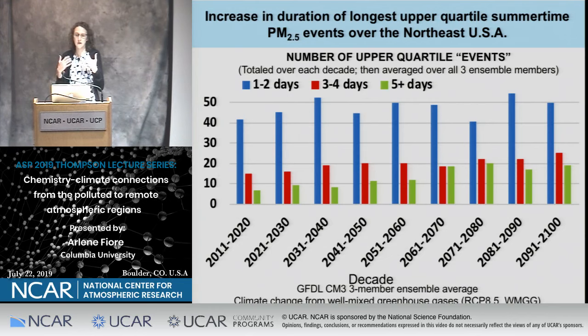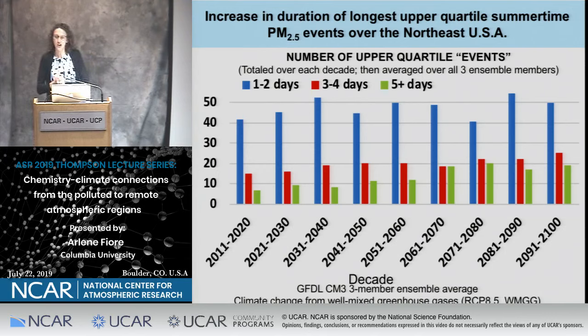Then we do this for each of the 3 ensemble members, and what's shown here is the average over all 3. What I found pretty interesting is that if you focus on the green bar, the longest events, there seems to be an almost doubling, or in some cases even more than doubling, of the number of these long duration high PM 2.5 events by the end of the century.